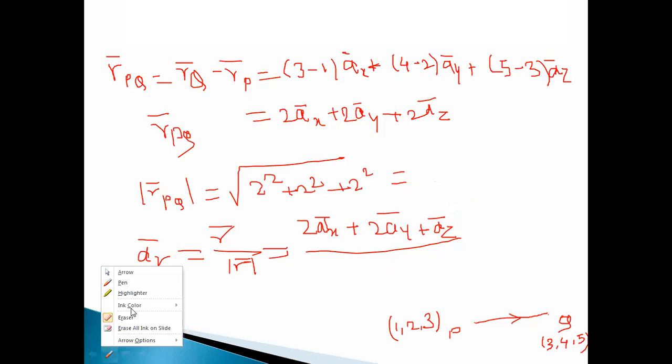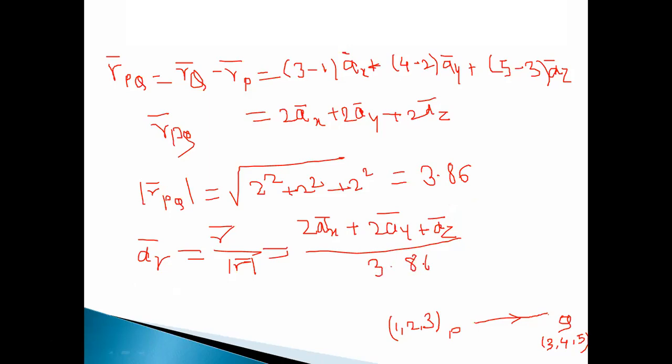Just divide this 2 by 3.86 and write the final unit vector here.